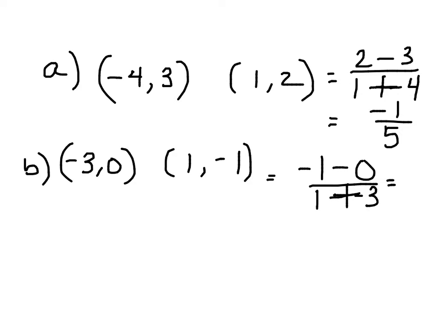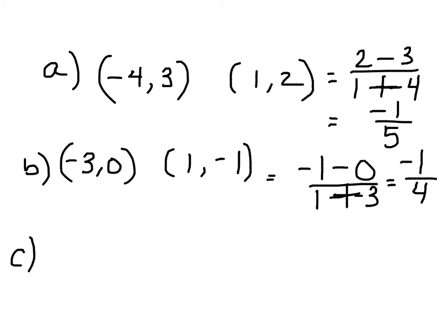Good. On the top, what's -1 minus 0? -1, good. And on the bottom, what's 1 plus 3? 4. So far I have the slope for lines A and B. In order for them to be parallel, they have to be identical. This was -1 over 5, and this was -1 over 4. They're really close, but the bottom number is different, isn't it? So are those parallel so far? No.